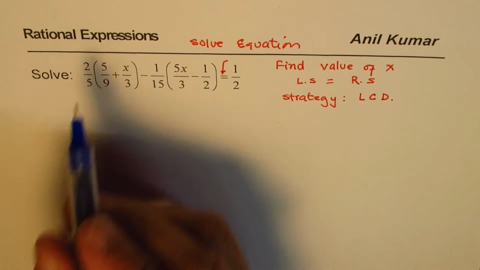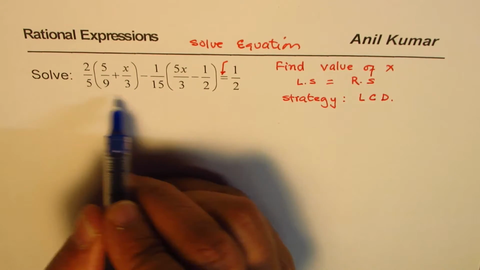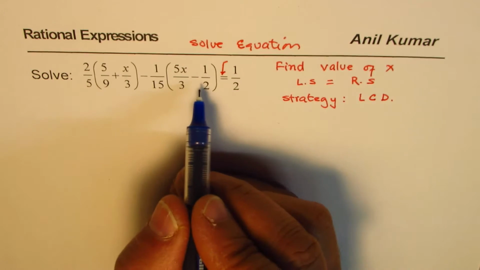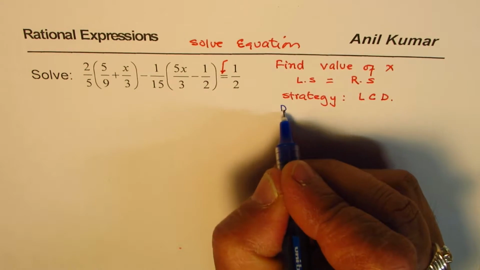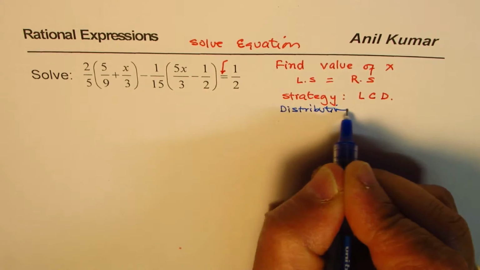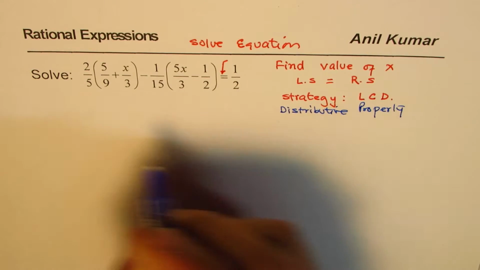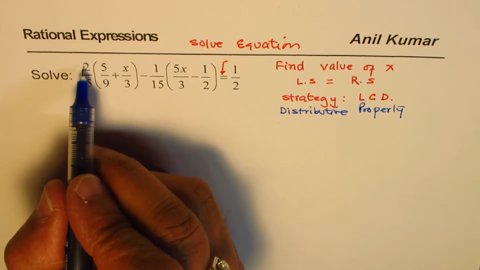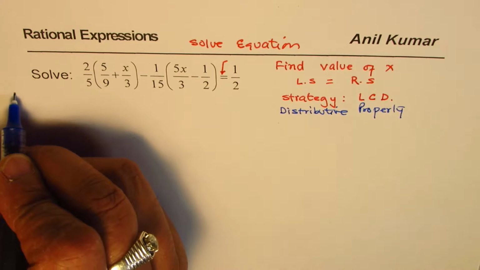Now let me begin by expanding the given equation, and then we'll see how to simplify. So first, let us apply the distributive property to expand, and then we'll combine the terms. So 2 over 5 times 5 over 9, if you multiply that, so let me write it in steps.